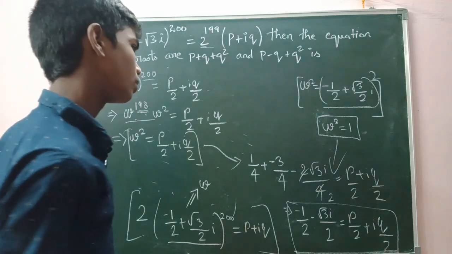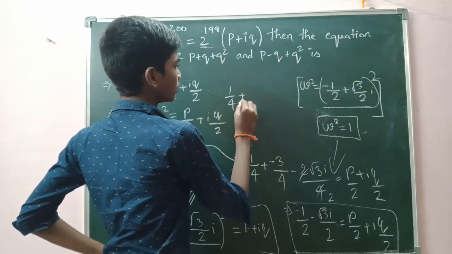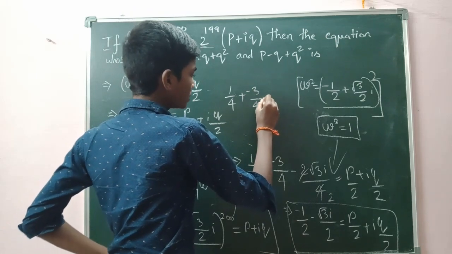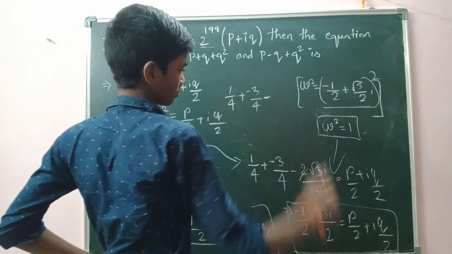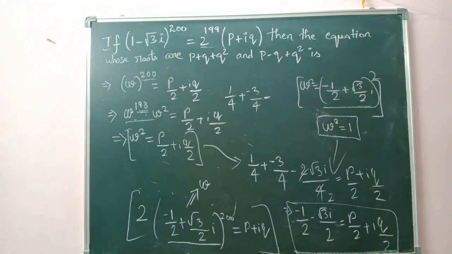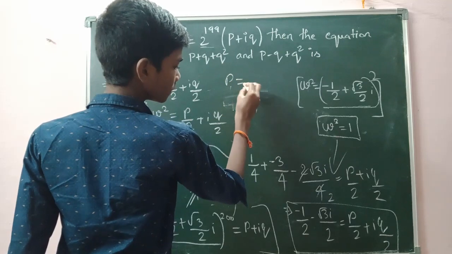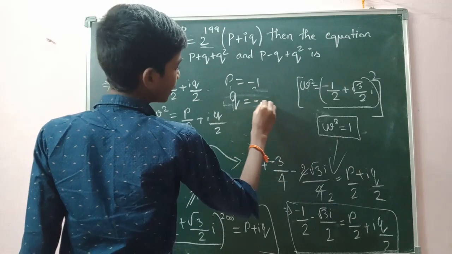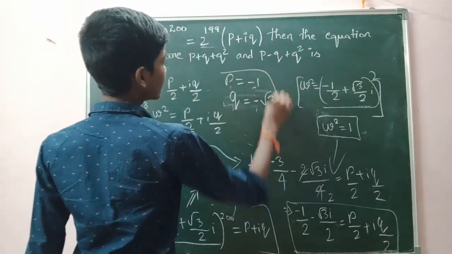So simplify the whole square. Plus of... yes, everything is correct. So therefore your P will be nothing but minus 1 and Q will be minus root 3, correct now? So this is the value of P and Q.